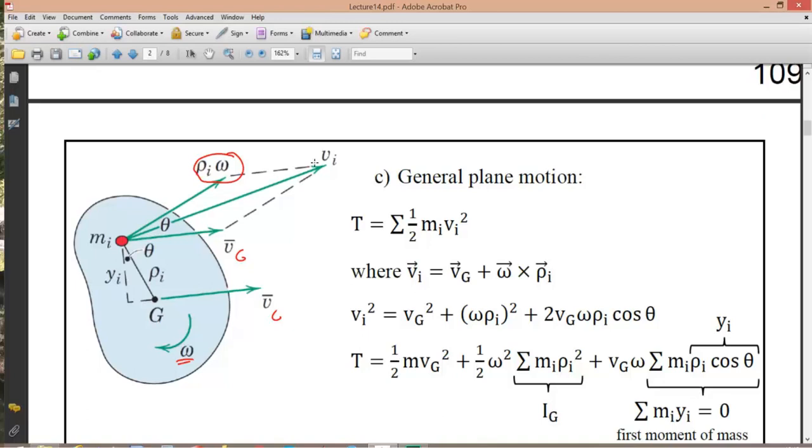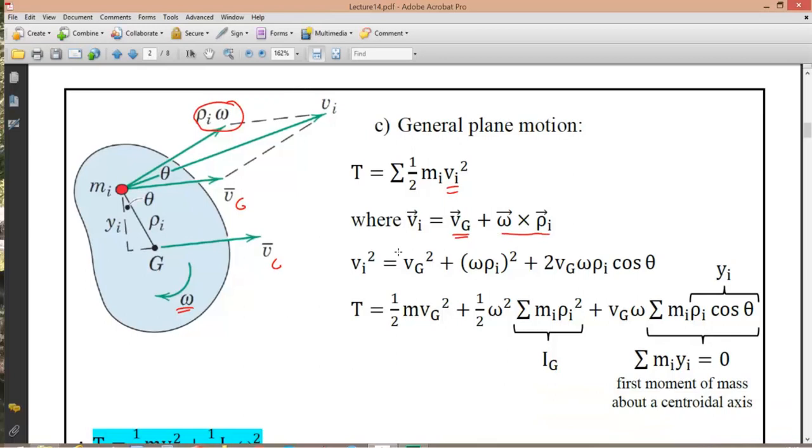And the total velocity is a combination of these two velocities. So if I want to write out Vi, it is composed of the mass center's velocity plus this extra term due to the rotation.